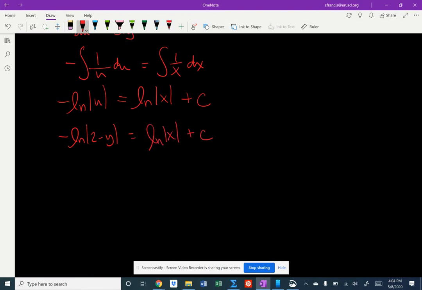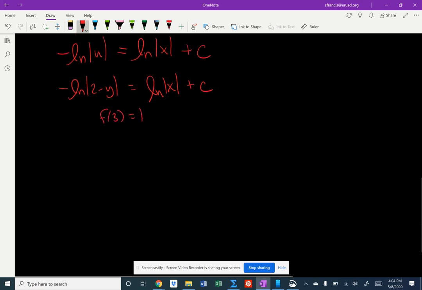So we have this, and we know f of 3 is equal to 1, so let's substitute in there and figure out what c is. So I'm going to plug in a 1 for y, so 2 minus 1 is 1, that's the absolute value of 1 over there. I'm going to plug in 3 for x. I don't need absolute value symbols anymore.